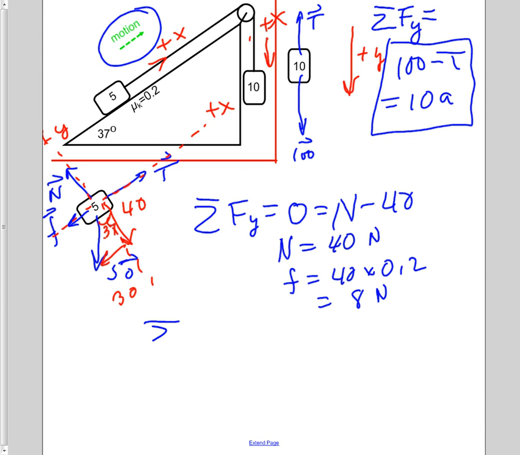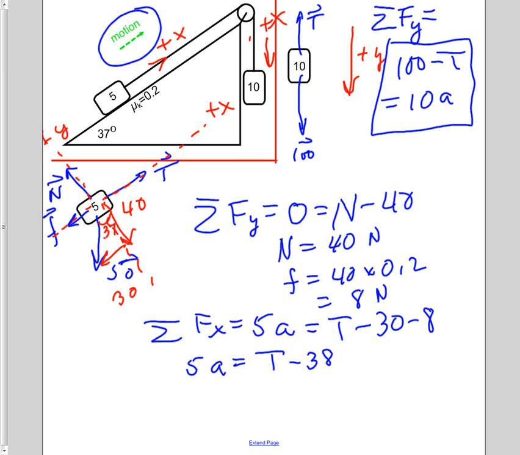Okay. Now the sum of the forces in the x direction is equal to 5a, and I can write the same a because I've used the rule of the finger. And this is equal to T minus 30, that's the x component of the weight, minus the frictional force, which is 8, and so we have that 5a is equal to T minus 38.